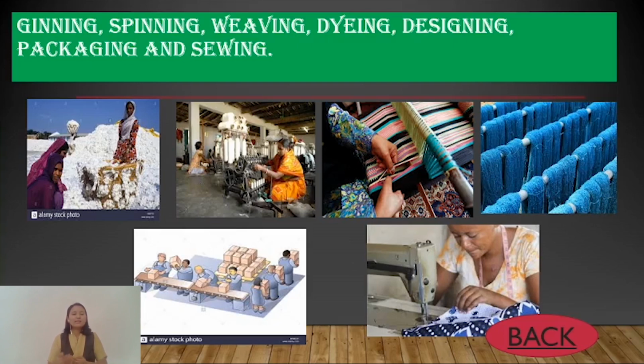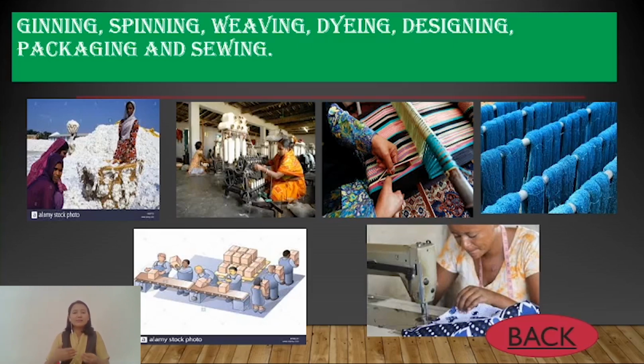So ginning is an activity in which the worker have to separate the seed from the cotton ball. And then spinning is an activity in which the raw cotton is transformed into a yarn. And then weaving is an activity in which the worker transform the yarn into a fabric. And dyeing is an activity of coloring the fabric.